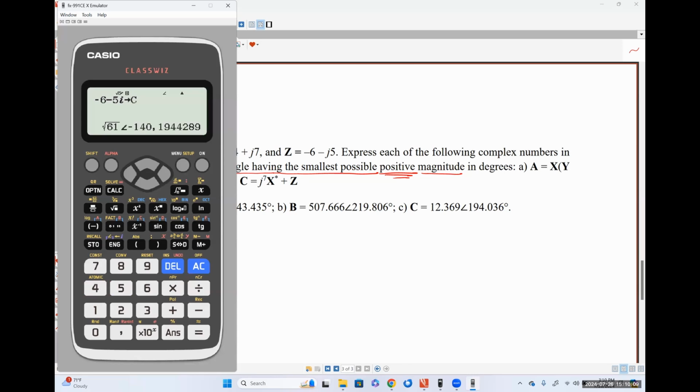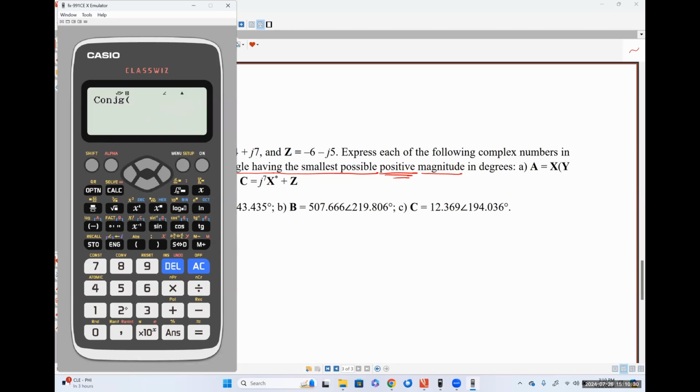And if we look at problem B, we are asked to do y conjugate times y times z. So in order to do that, I'm going to hit option. Oh, geez. I think option 2 is conjugate. Let me look at my calculator whose language is English. Yep.